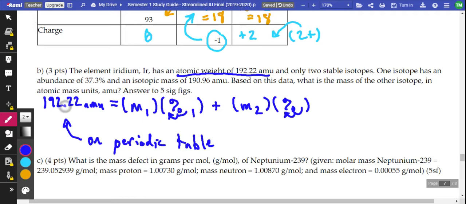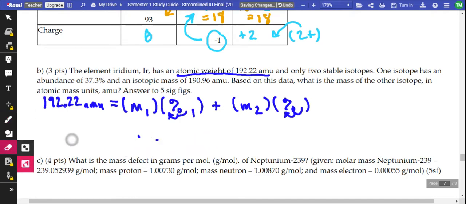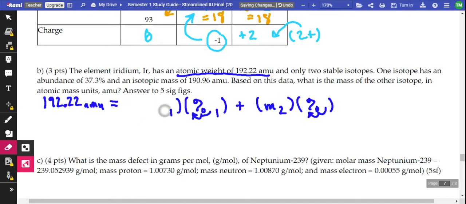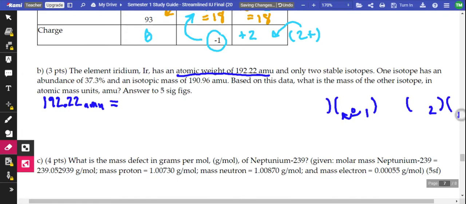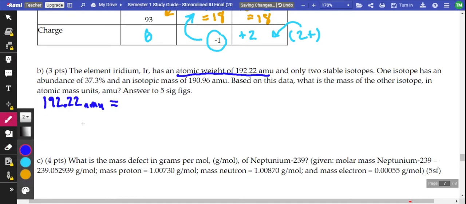Okay, so let's fill in some information that we know. The mass we're given for this first isotope is 190.96 AMU.